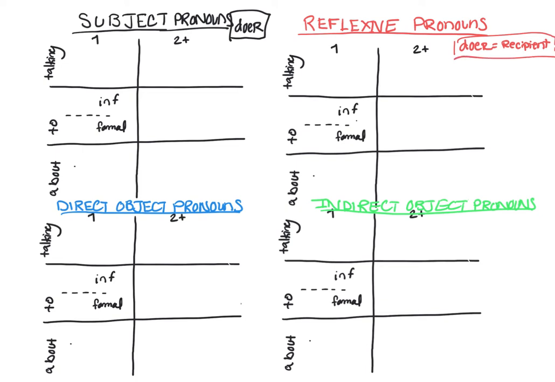We use our direct object pronouns for the person, or the object usually, who is the recipient of the action or the verb. And then we're going to use our indirect object pronouns also for a recipient, but it's kind of the person that ends up receiving it. Oh, that didn't sound very good, did it?